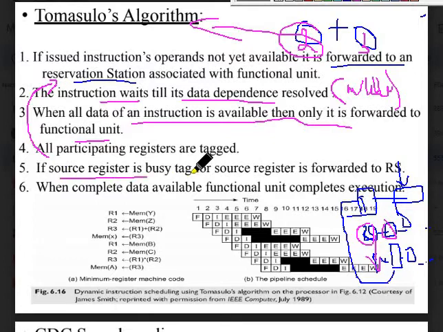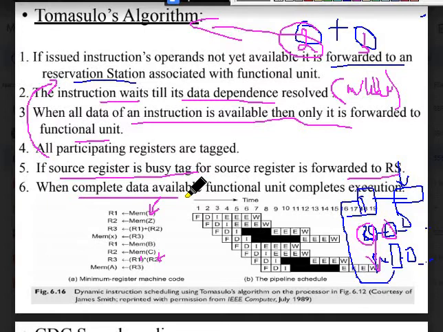If the source register is busy, then forward it to the destination. Source means what? Here Y is a source. Here R2 is a source or R1 is a source. If these are busy, again keep it in the reservation station only.